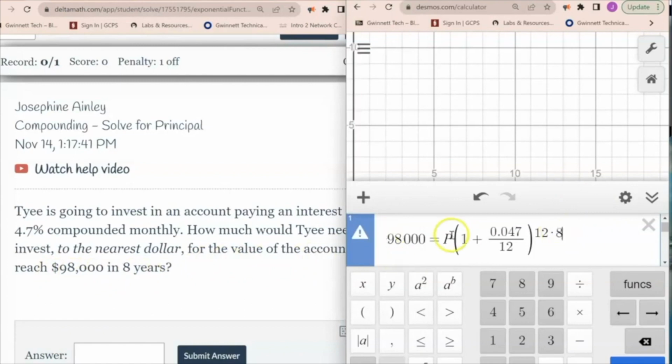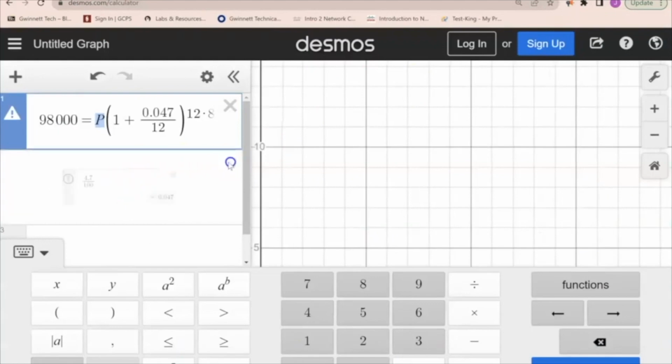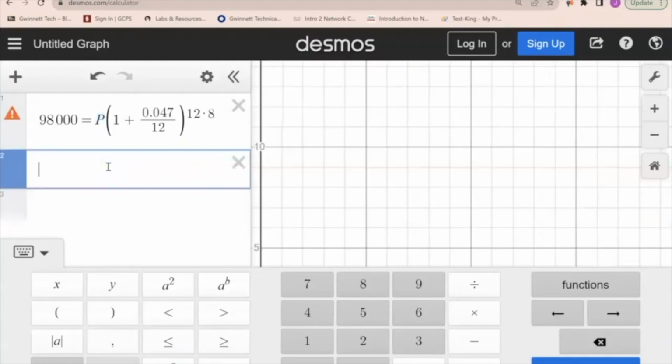So we are solving an equation for P. All right, for you to understand this, it's really some basic algebra that you need to understand. Like, let's say, for example, I had 10 equals P times 5. And I asked you to solve for P. What would you do? You would divide both sides by 5.